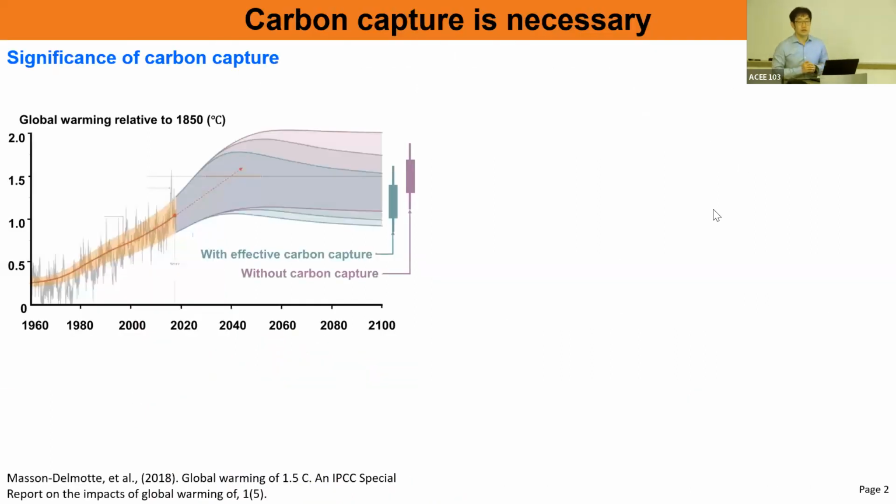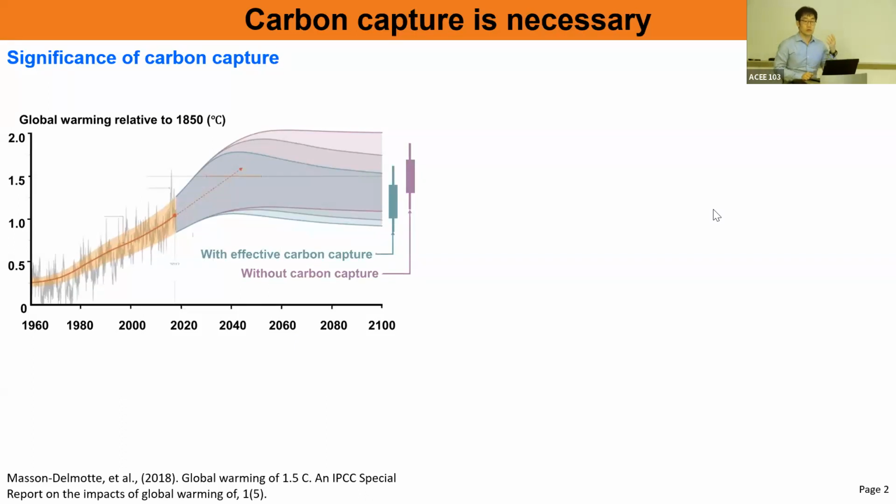Now let's start. I think everyone here has heard about climate change and that we have too much carbon dioxide emission. The major problem is the increasing temperature from pre-industrial times, and everyone learns about 1.5 degrees Celsius. Why is 1.5 degrees Celsius important?